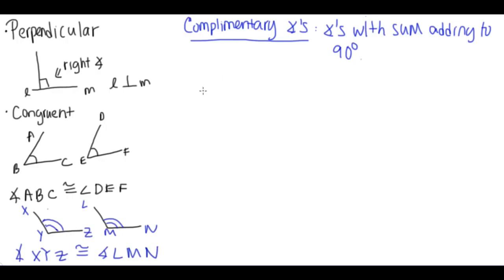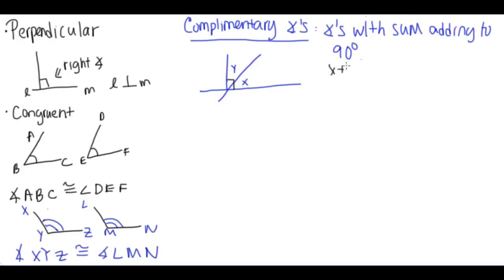So for example, let's call this X and Y. We know that whatever X is plus Y is going to be equal to 90, given that this is a right angle.